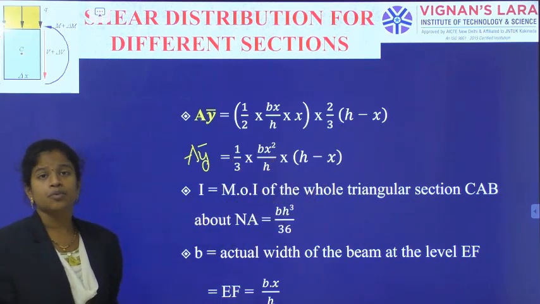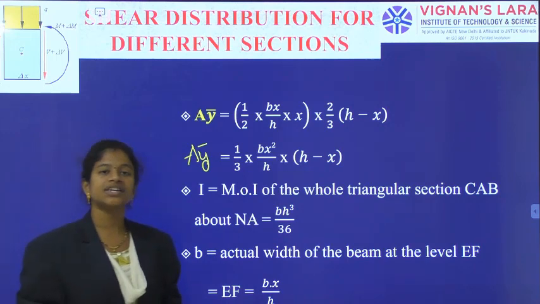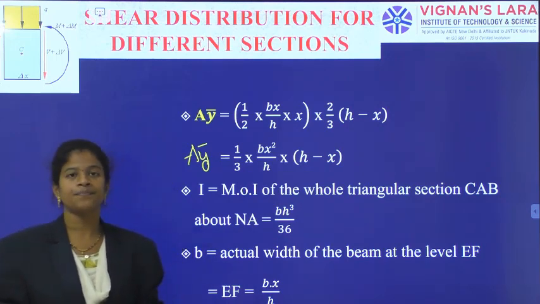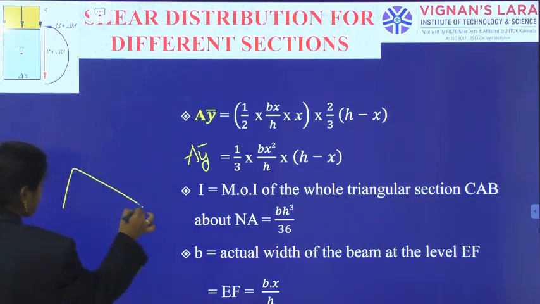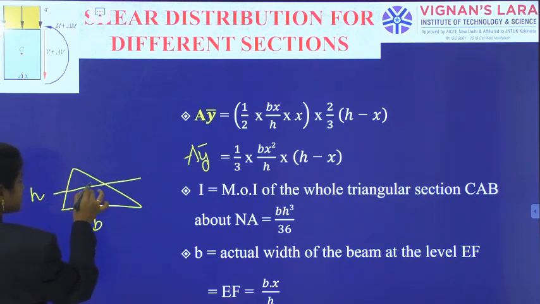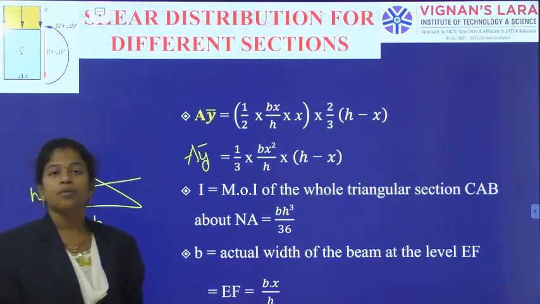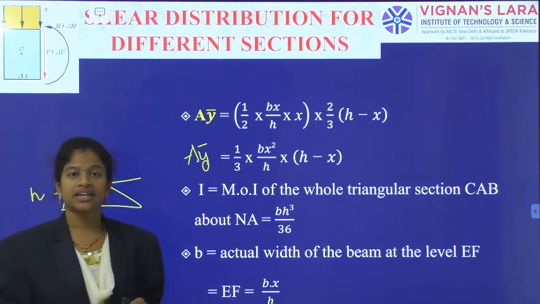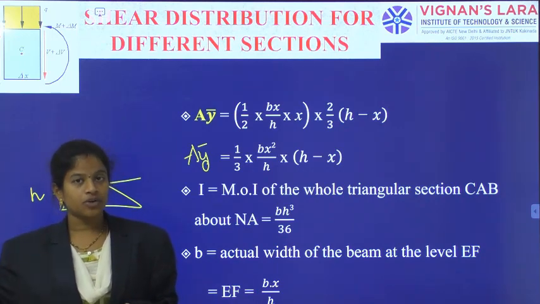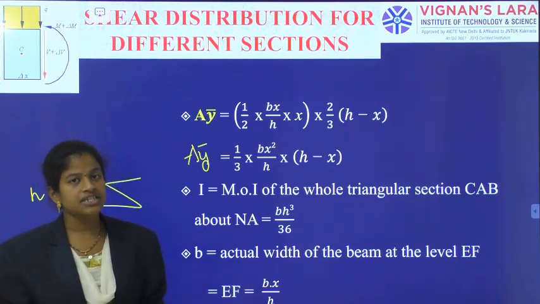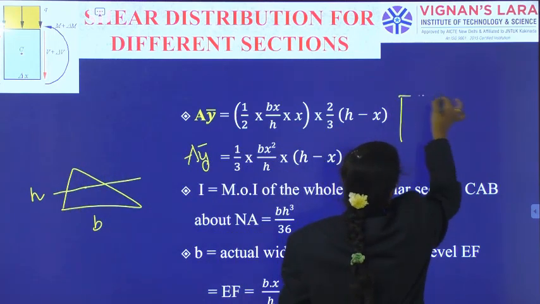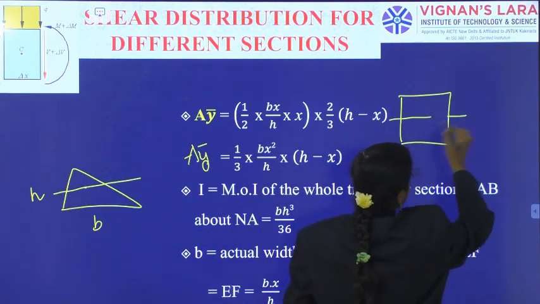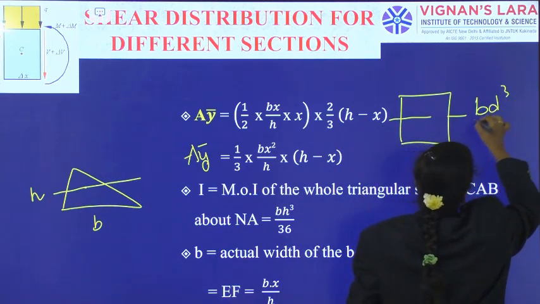And capital I is the moment of inertia of the whole triangular section about its own central axis, or the neutral axis. For the triangle of base B, height h, about the central axis, the moment of inertia is bh cube by 36. There, that is bd cube by 12, pi d power 4 by 64. This one is bh cube by 36. You have to remember these terms. For a rectangle, moment of inertia is b d cube by 12.